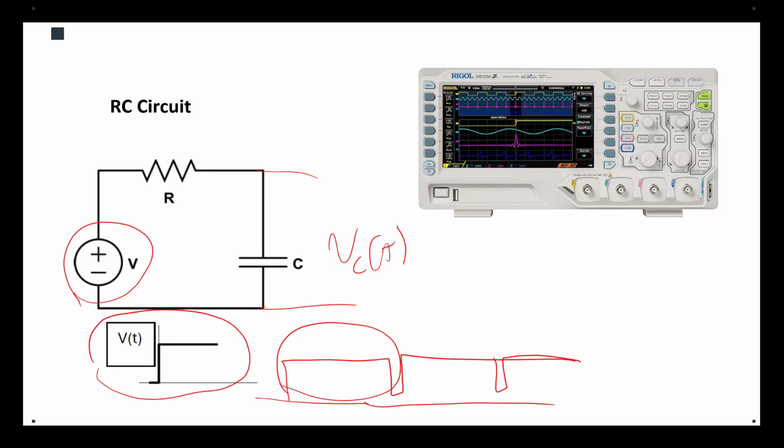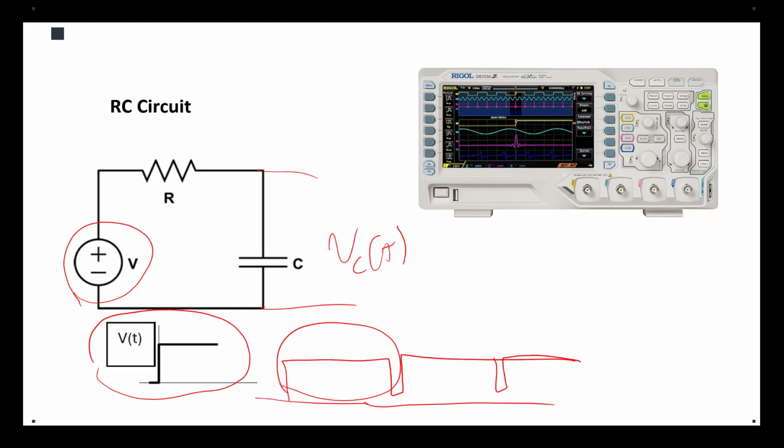By playing with the duty ratio and the frequency of those pulses. Lower frequency and higher duty ratio means wider on time. You need to have the on time more than 5 tau. You already calculated the tau in the pre-lab, so you know how much on time you need.